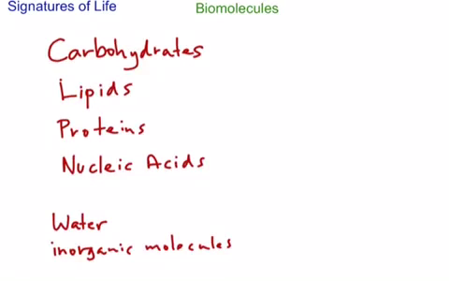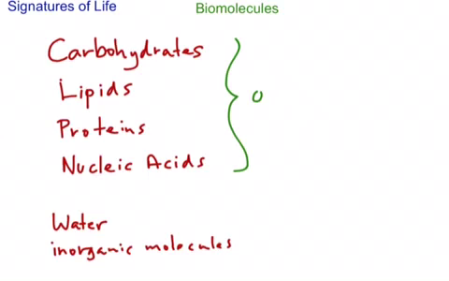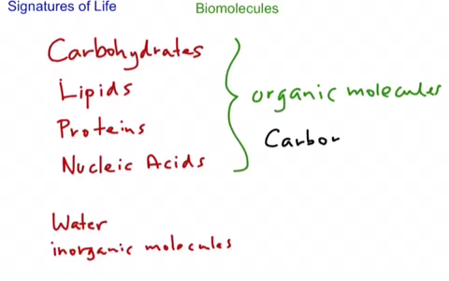These four molecule groups here are organic molecules, and generally the definition of organic means that they contain carbon and are generally large and complex in nature.